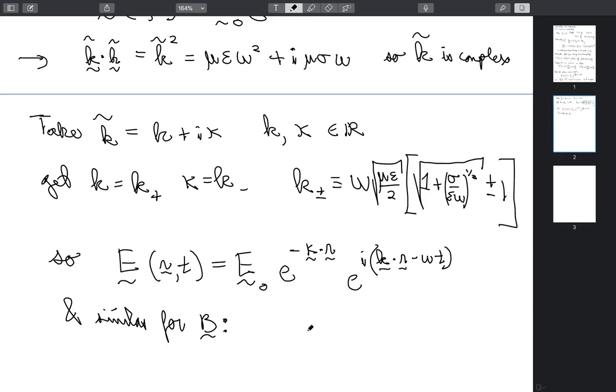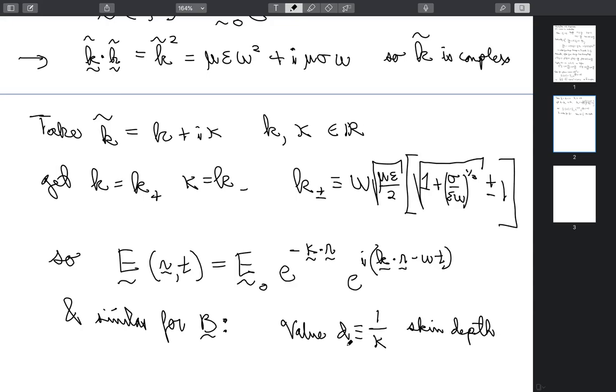So the value d, which is by definition 1 over the parameter kappa that we had here. So kappa vector is just kappa in the direction of the propagation vector that we have. So this one here is known as the skin depth.